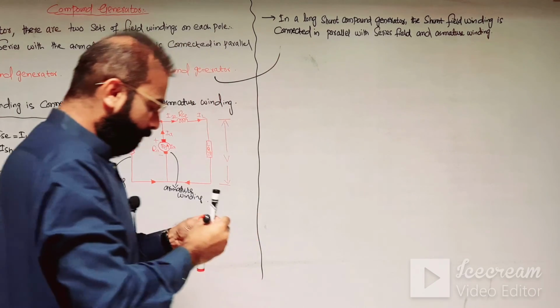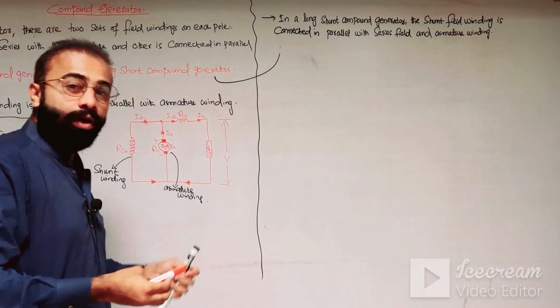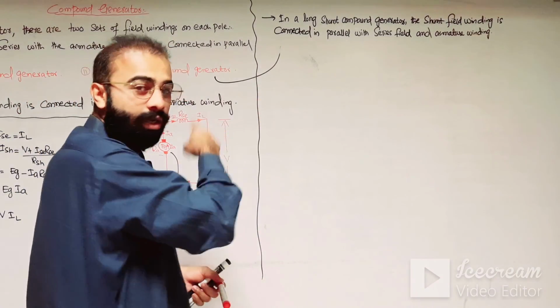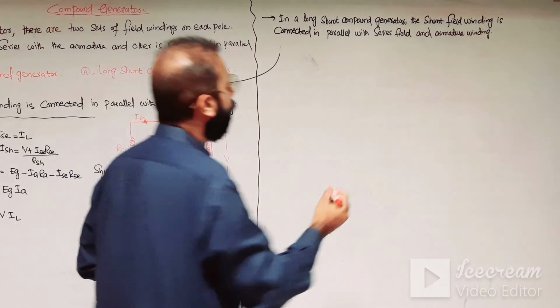So let us draw the circuit diagram of the long shunt compound wound generator.